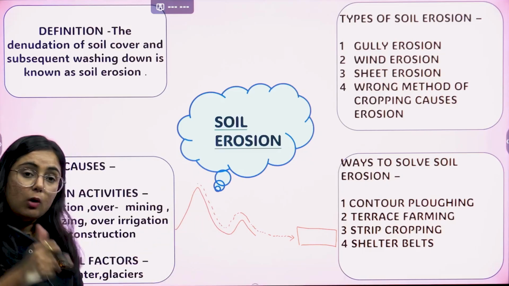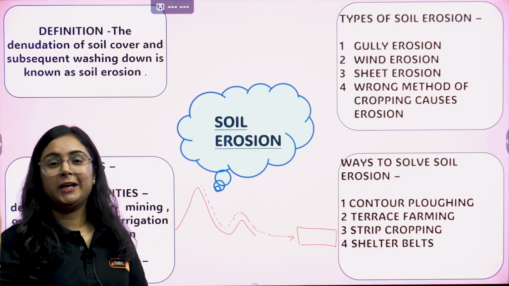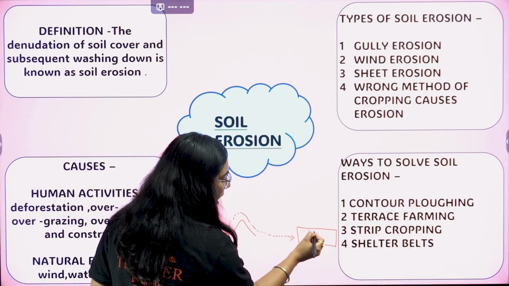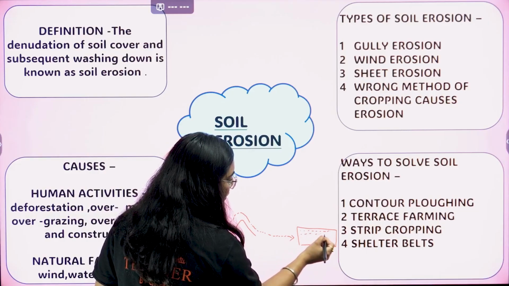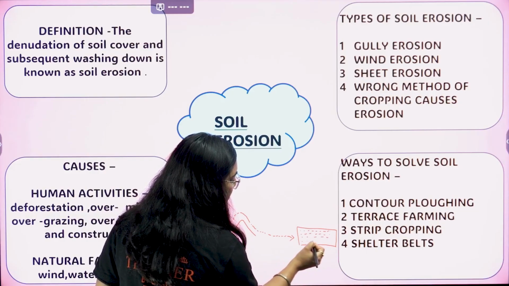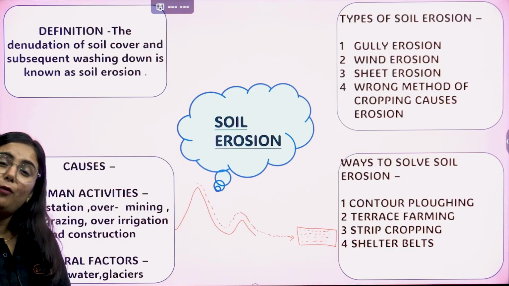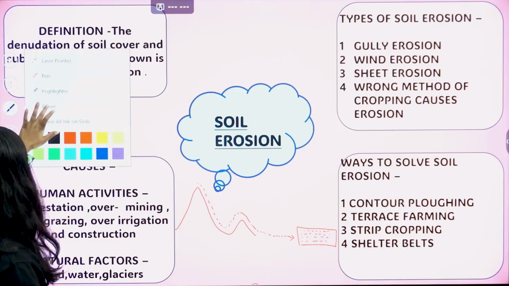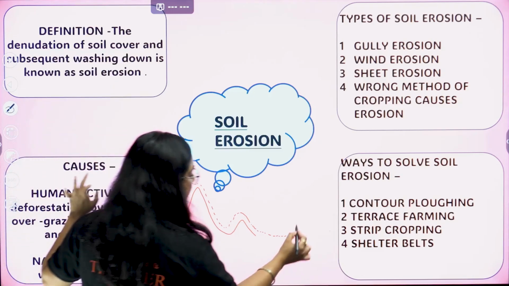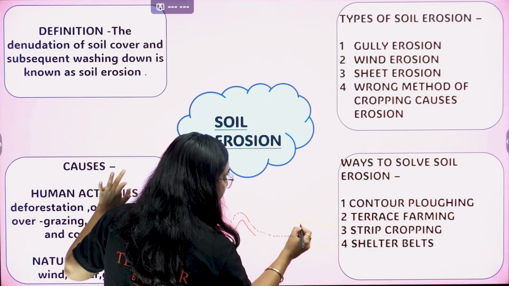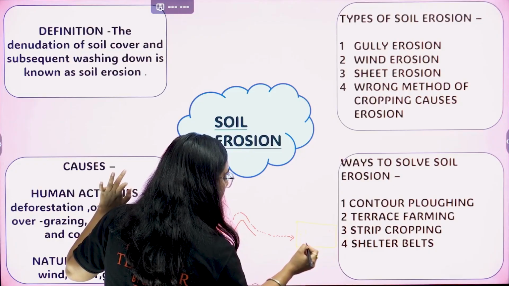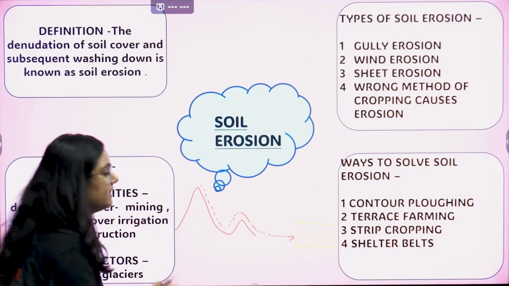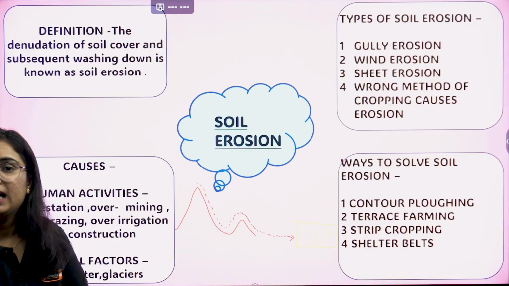If you plough your land in this direction, will it not be easy for the water to flow? It will. So what is contour ploughing? Contour ploughing means ploughing the land along the contour lines. Now it will decelerate the flow of this water. Did you get this point?